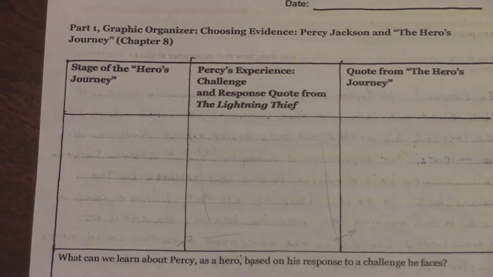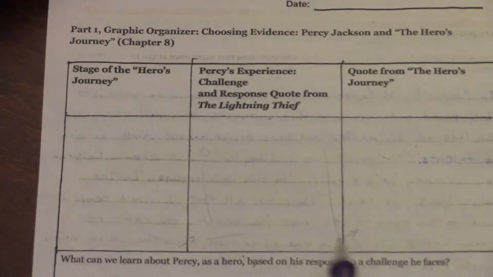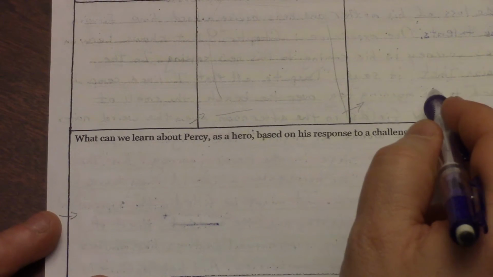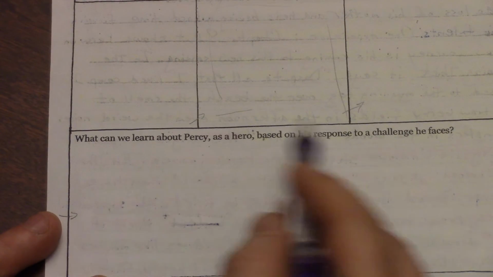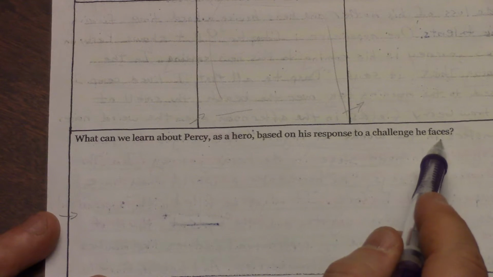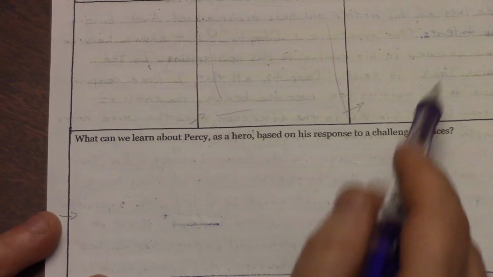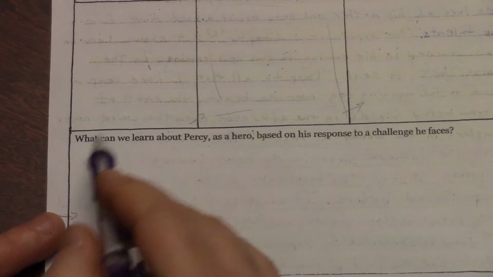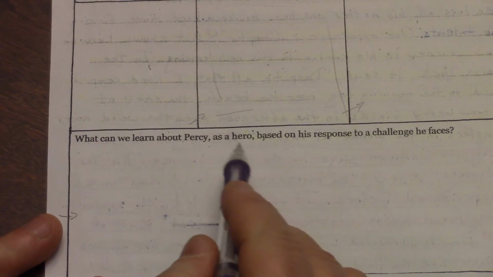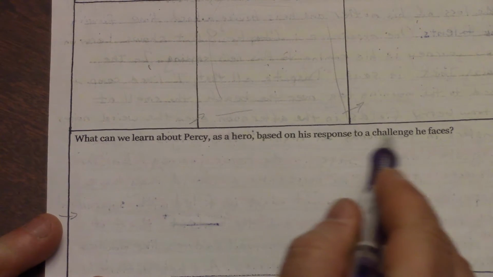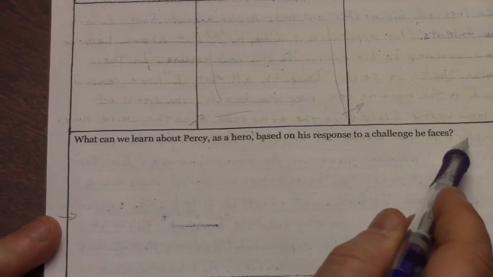So you'd find one of the quotes that you highlighted in chapter 8, and then you'd go to your hero's journey and find a quote that would go along with that. And then you're going to infer from this question and from the information that you gave up here. You can answer this question: what can we learn about Percy as a hero based on his response to a challenge he faces?